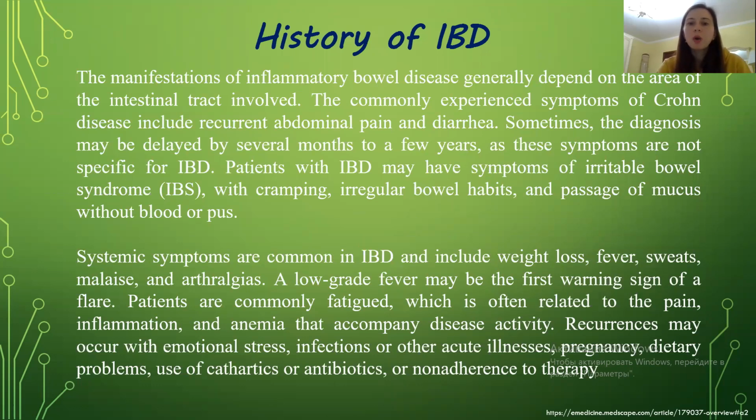Systemic symptoms are common in inflammatory bowel disease and include weight loss, fever, sweats, malaise, and arthralgia. A low-grade fever may be the first warning sign of a flare. Patients are commonly fatigued, which is often related to the pain, inflammation, and anemia that accompany disease activity.